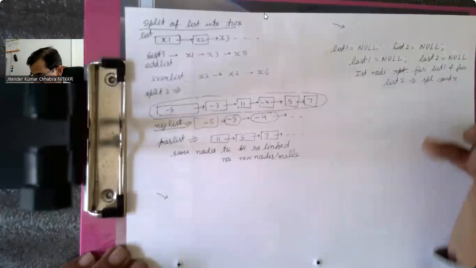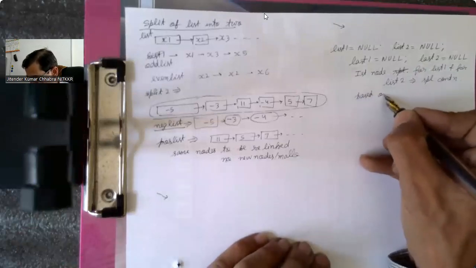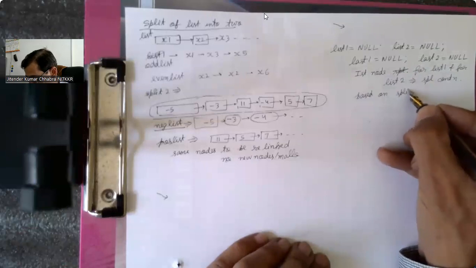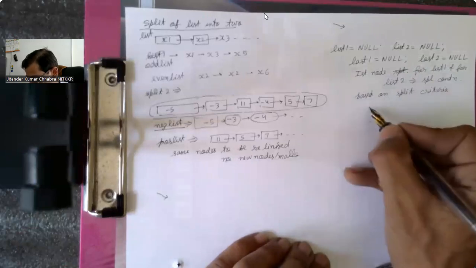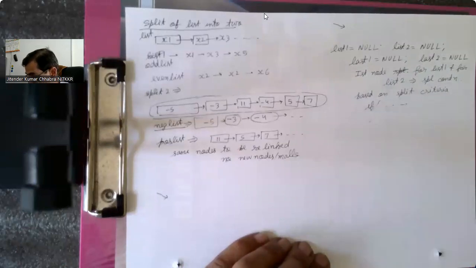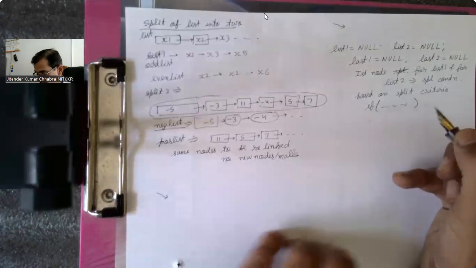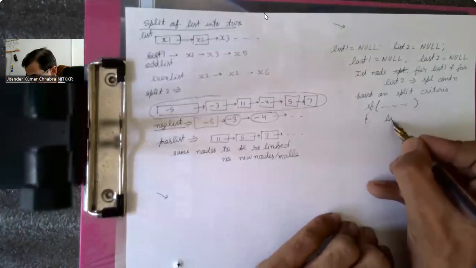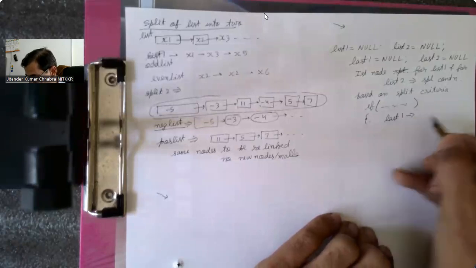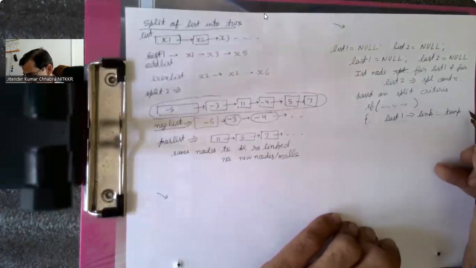But after that, based on your split criteria, you will have some if. For example, I said alternate nodes. So I can maintain a count being odd or even. Then effectively the logic will be last one arrow link equal to temp, some temp.